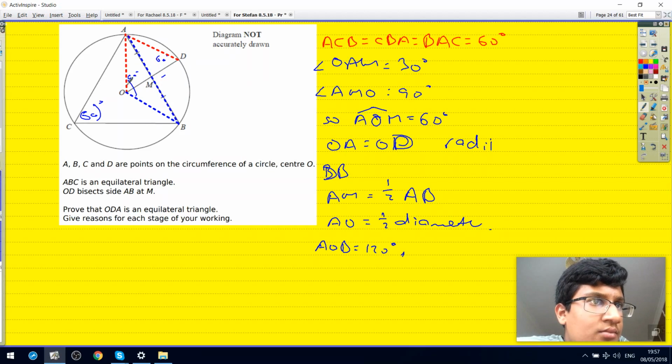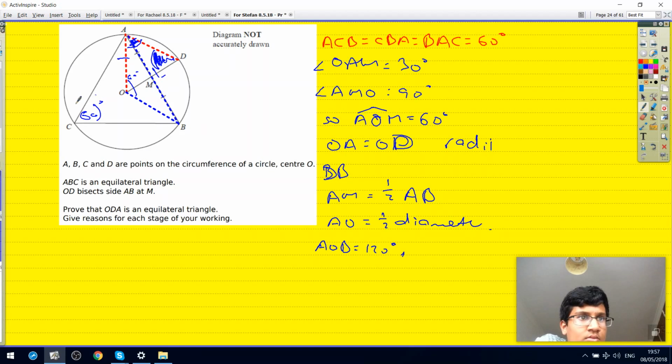How is this one isosceles? OAD. That's the radius, and that's the radius. So it's that one and that one. Ah, okay. So these two here have to be equal to each other because it's isosceles.